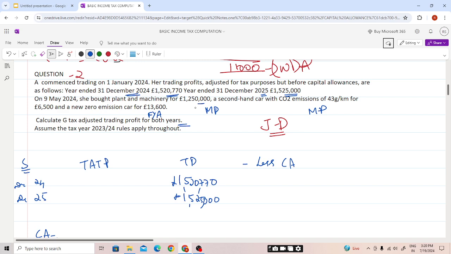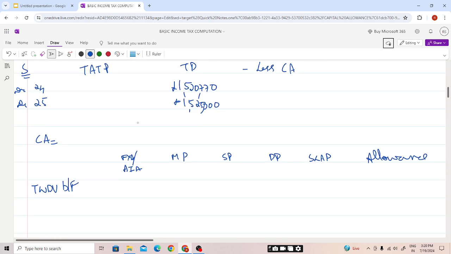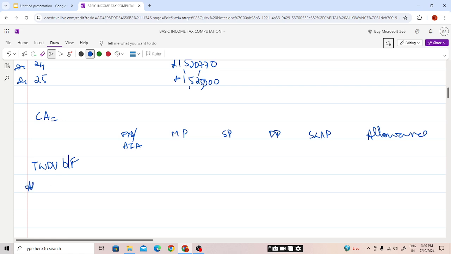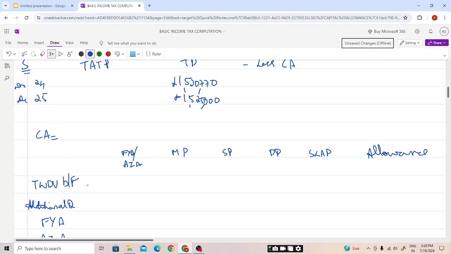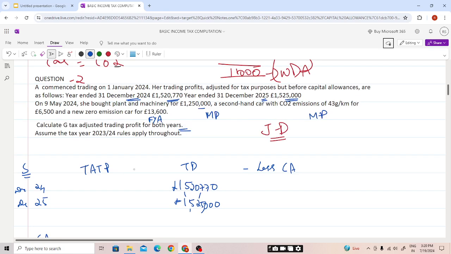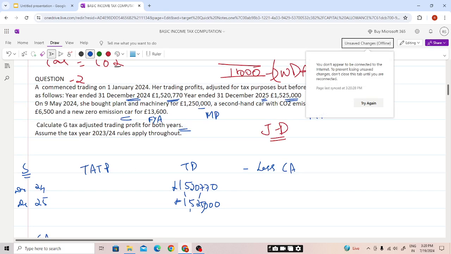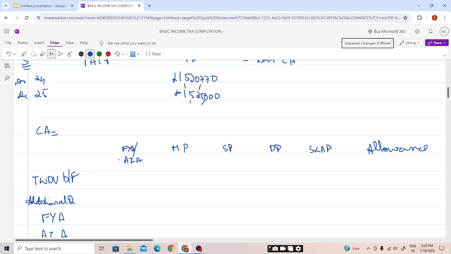They bought on May. She bought plant and machinery for this amount and a second-hand car. So we will see additions qualifying for FYA and AIA. Now additions qualifying for FYA, do we have here? Yes students. For new zero emission cars, it will qualify for FYA, that is 13,600.